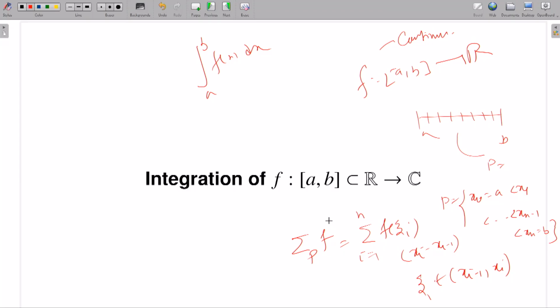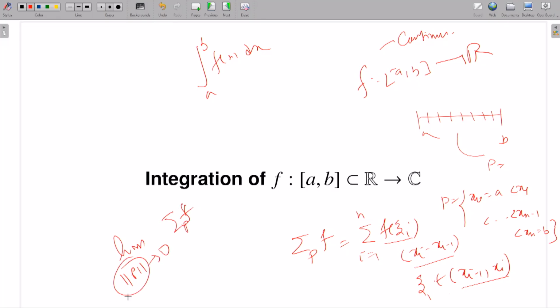Then I want to make sense of the integral of f with respect to dx, the Riemann integral. That means you take any point xi_i in the interval, make the sum from i = 1 to n, where n depends on the number of partition points, times the length of the interval, and then take the limit as the norm of P approaches 0 of this object.